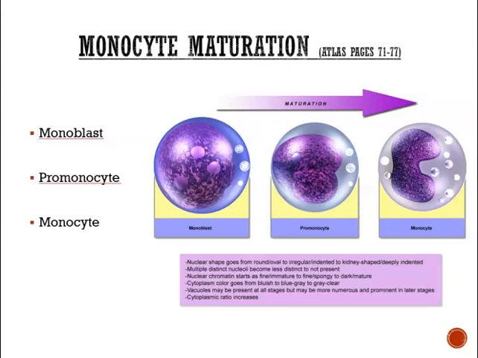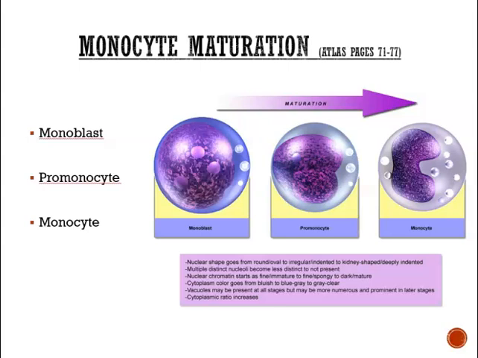But remember, in your flow chart of the hemopoiesis of all your blood cells, the monocytes are coming down the myeloid side. The lymphocytes are over on the lymphoid side, but the monocytes are on the myeloid side. So lymphocytes on the lymphoid side, myelocytes on the myeloid side. Don't get that confused. And look back on page 13 at the hemopoiesis flowchart if you need to in your atlas.